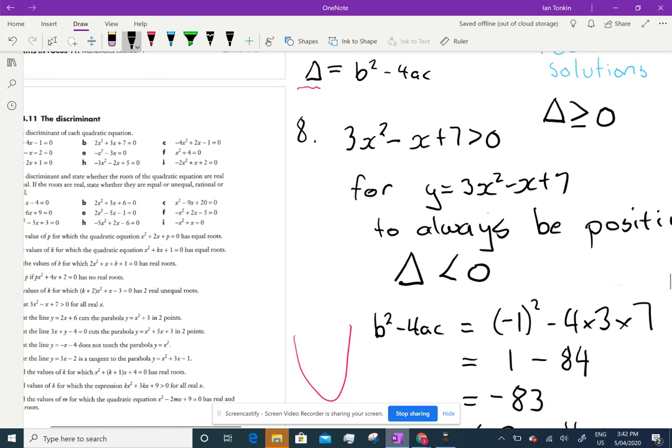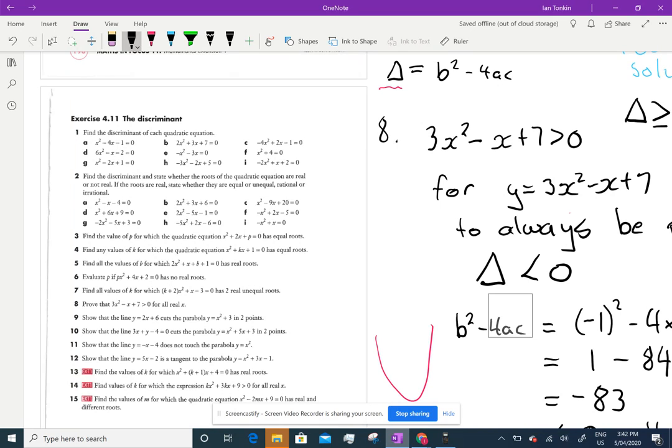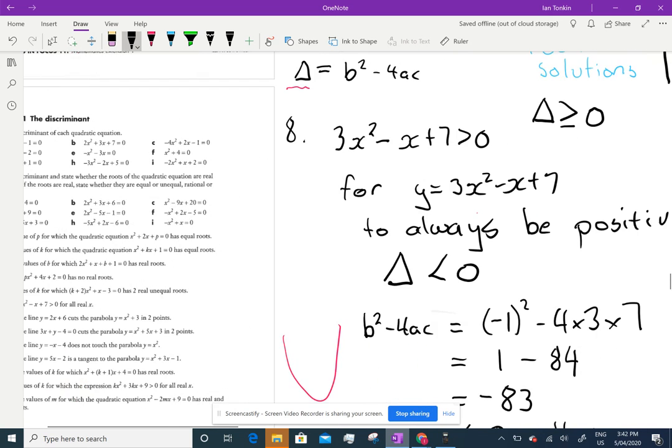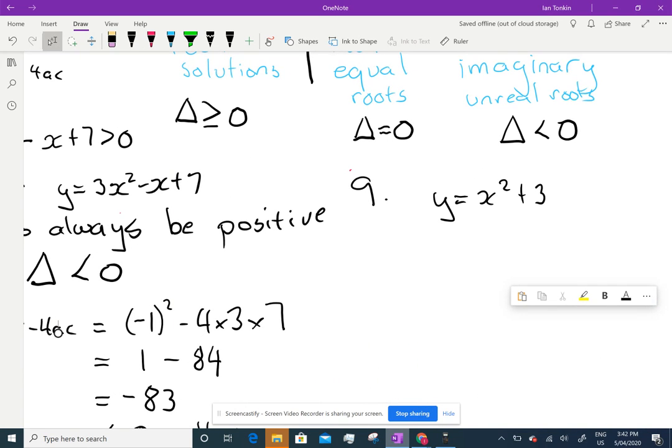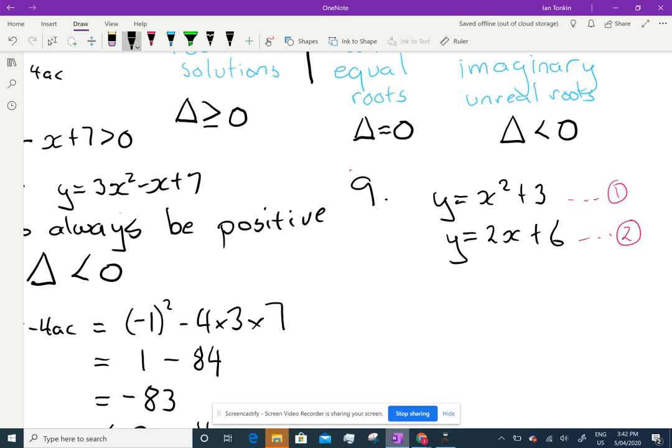And we've got this line, y equals 2x plus 6. Now, to find where they intersect, I have to solve these two simultaneously.